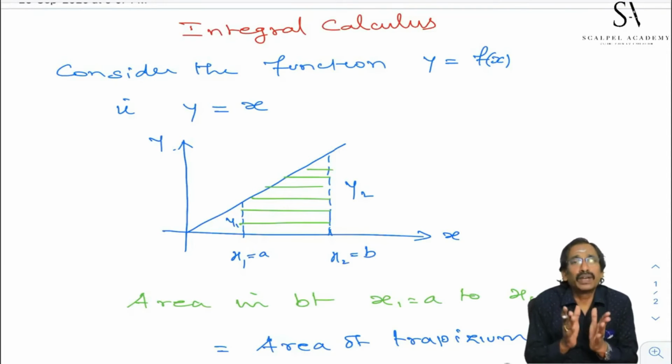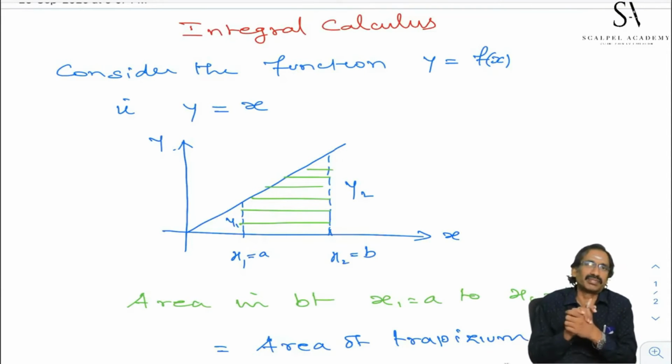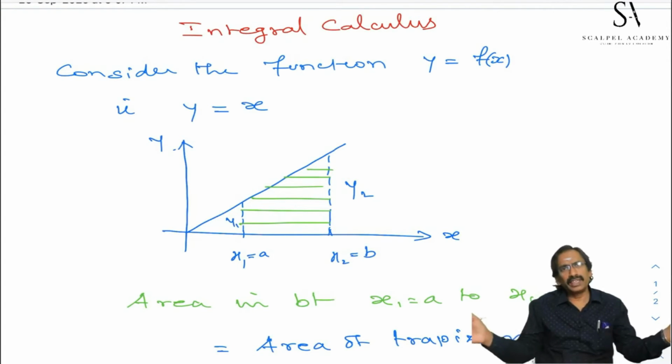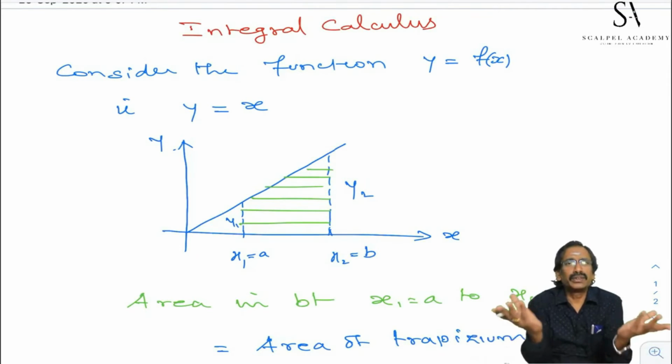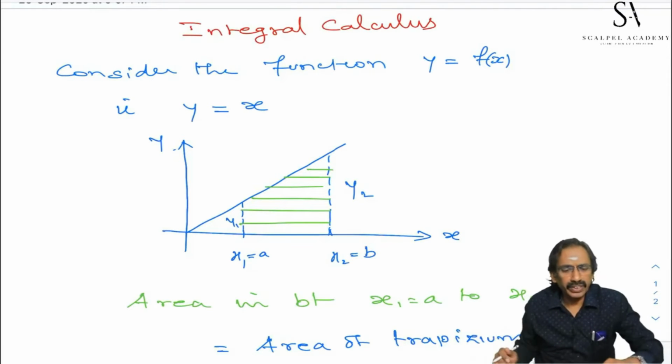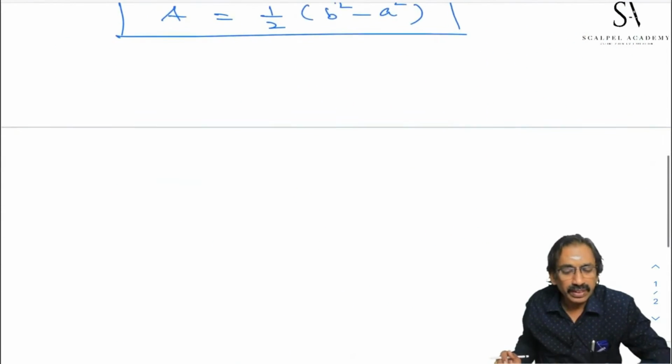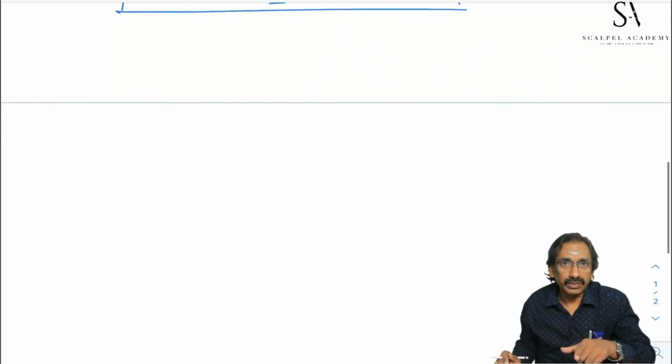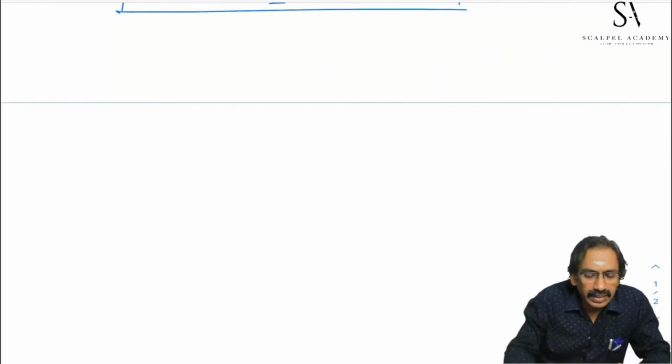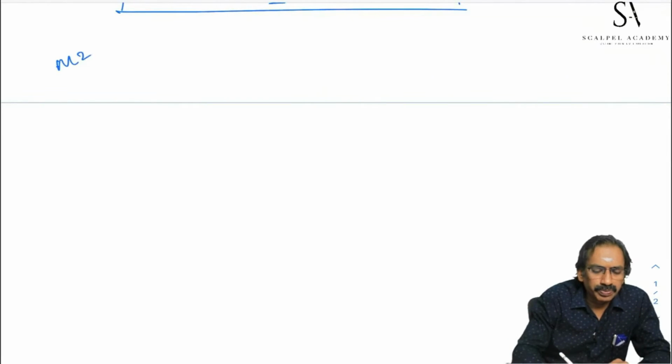That element may look like a trapezium. Then you find the area of the trapezium of the small element and sum up all the elements, you will get the total area. That I am going to do in the next method, because I am going to introduce the integration method. Go to method 2.